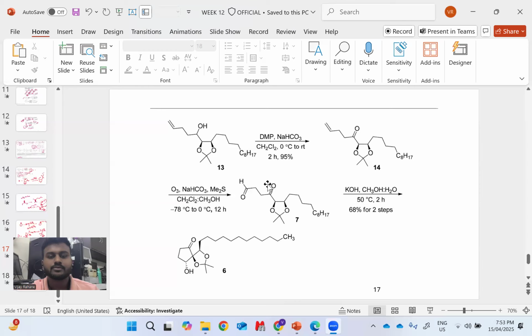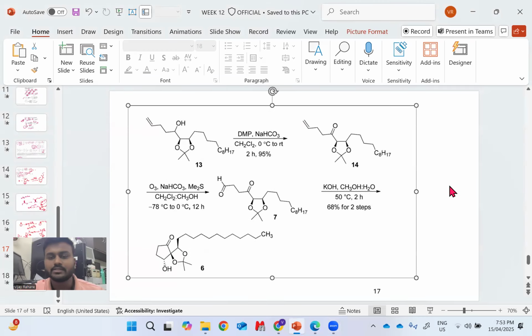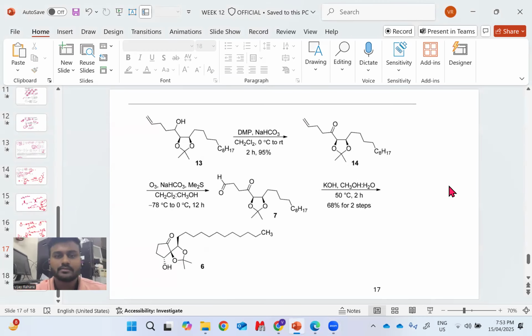So in this case, right. So what they have done with this 13. Further, you can see here this DMP they used again oxidizes this alcohol.